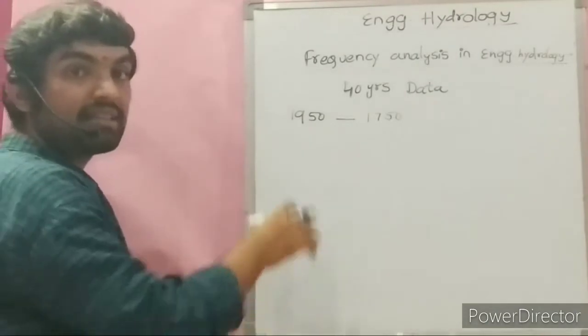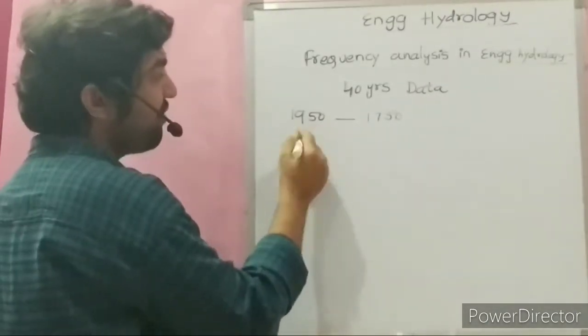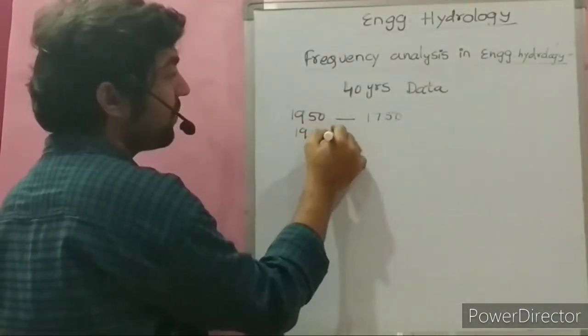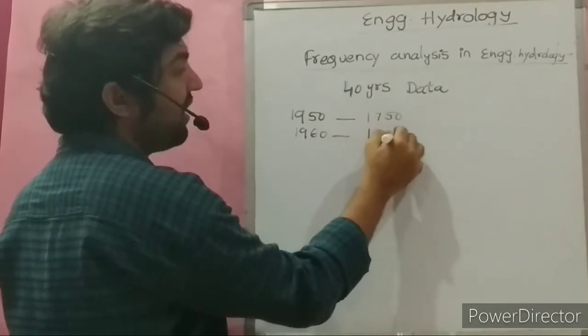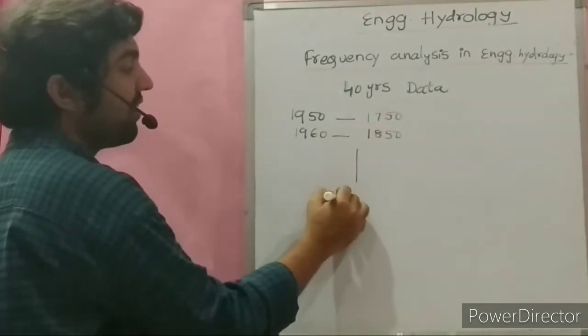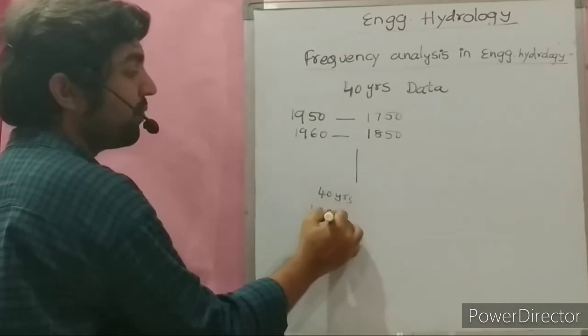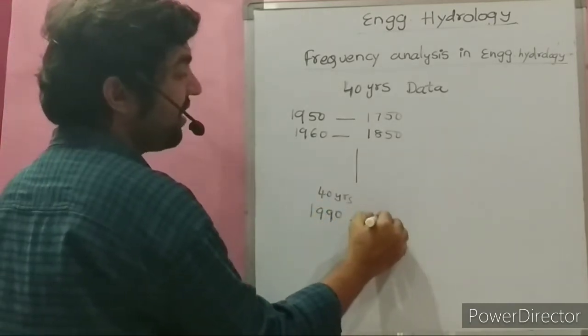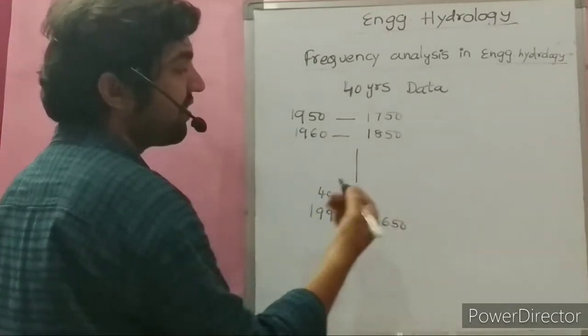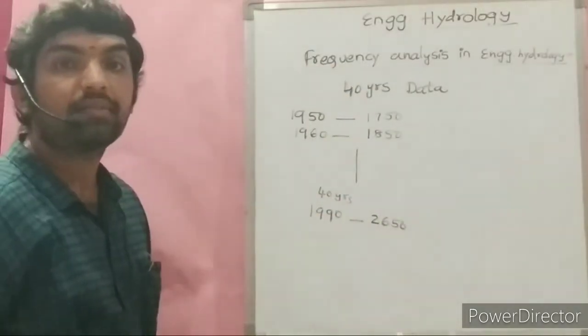This is the maximum discharge that occurred in 1950. 1960, 1850. Like that you require 40 years of data. Up to 1990, let us say 2650 cumecs. Like this there is data.